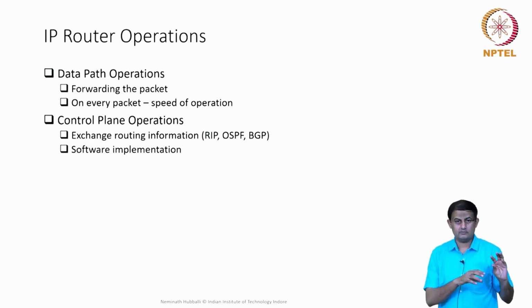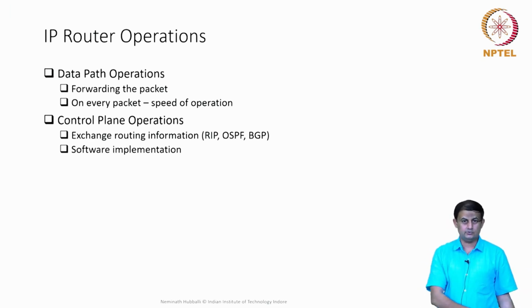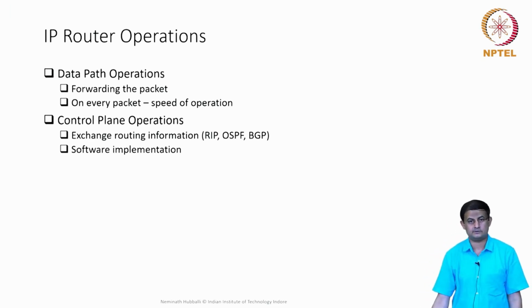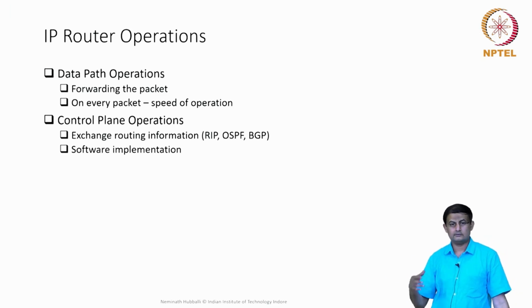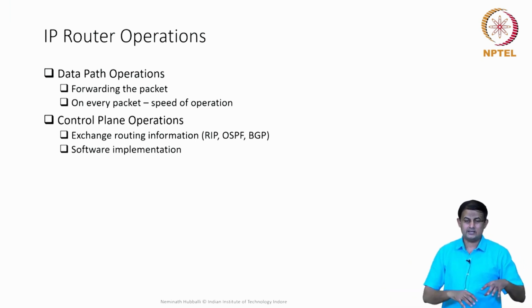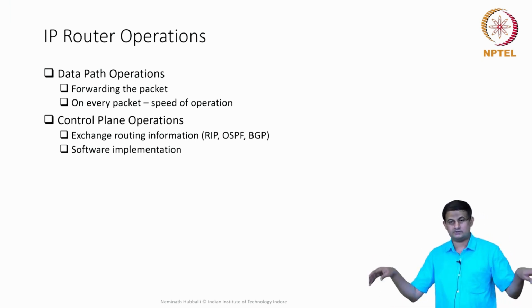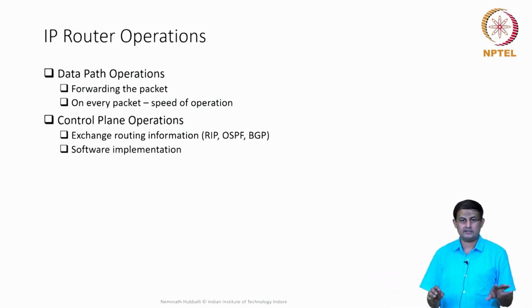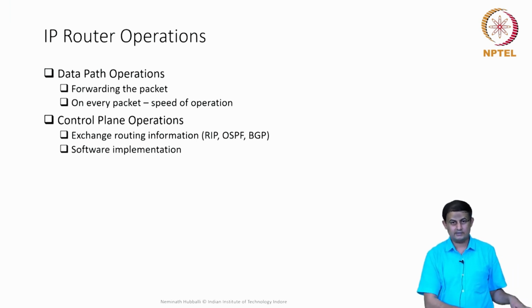Whatever routing table we construct, we use it to do the operations in real time. But in the background, I keep on updating my links. New nodes are joining, links are breaking, the topology is changing, so I keep learning what is happening inside my network and keep updating that routing table.